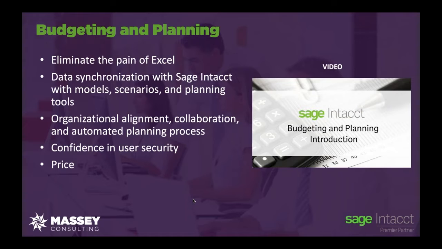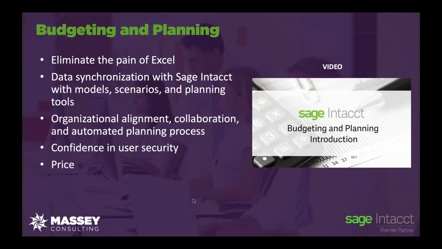So if you're a company that is still doing your budgeting and planning in Excel, if you find that to be painful for you, if you find that you are passing around a lot of spreadsheets to different department heads, different budgetary folks, you may find that a tool like Sage Intacct Budgeting and Planning would be a good option for you.